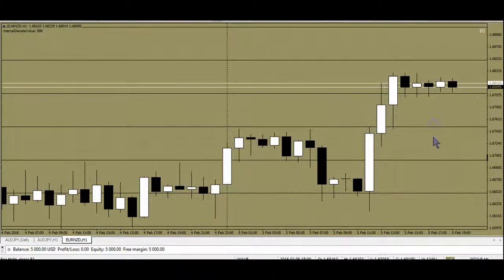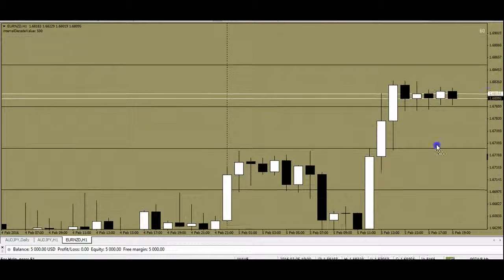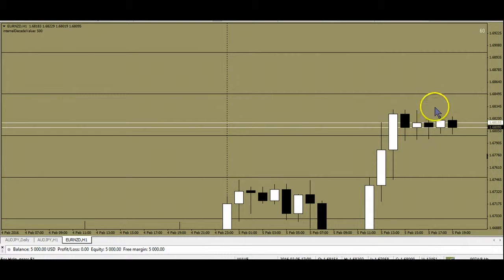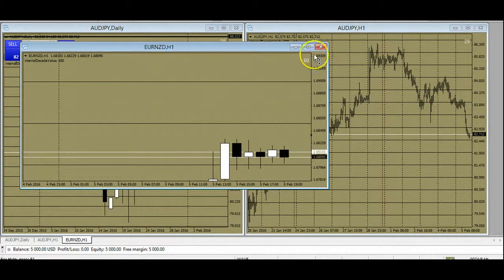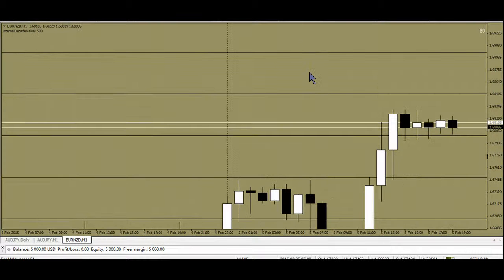Just buy at the market with a 10 pip stop to make 20 pips. The spread's going to kill you here. You're at 6 pips going into the close, but maybe the spread's going to tighten up when the market opens. Maybe this is the closing spread. And some brokers have a great spread on that. Anyways, that's my Euro New Zealand strategy.